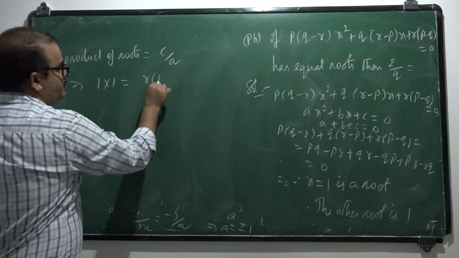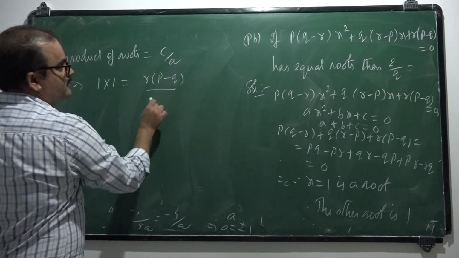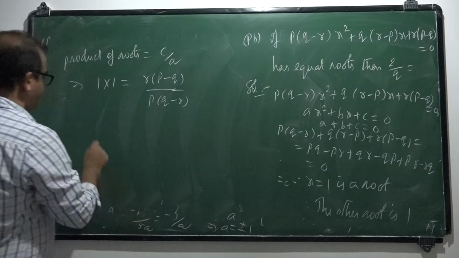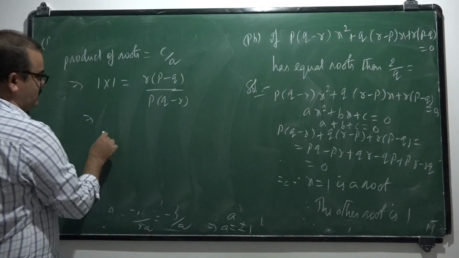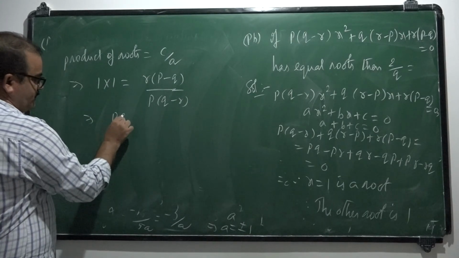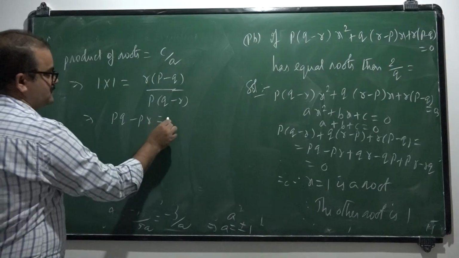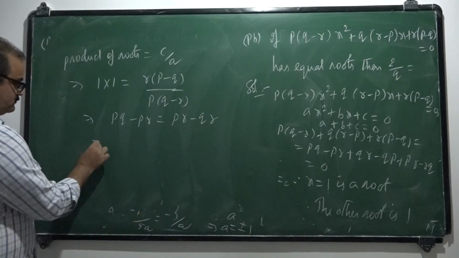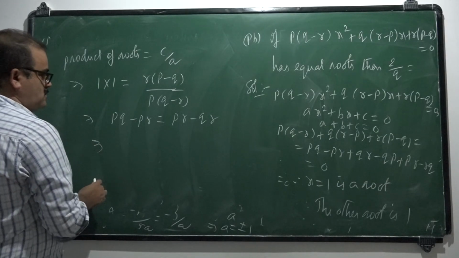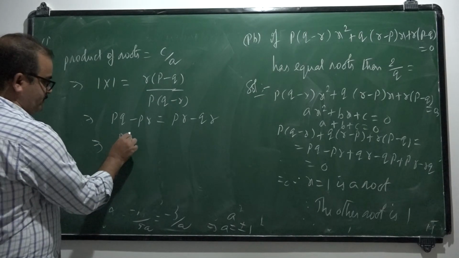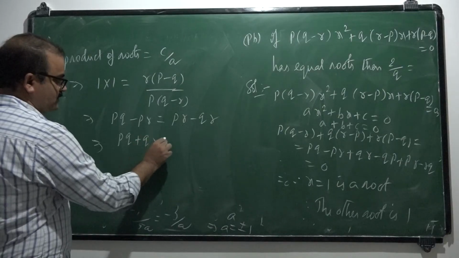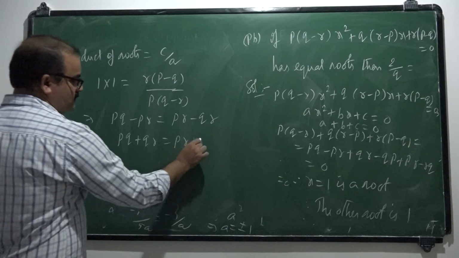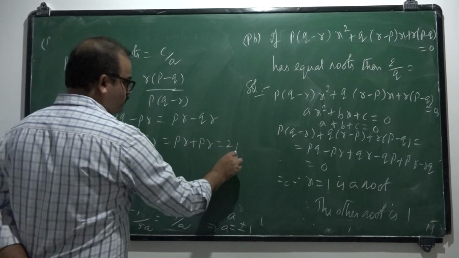R into P minus Q by a, P into Q minus R. Okay, now cross multiply. PQ minus PR is equal to PR minus QR.